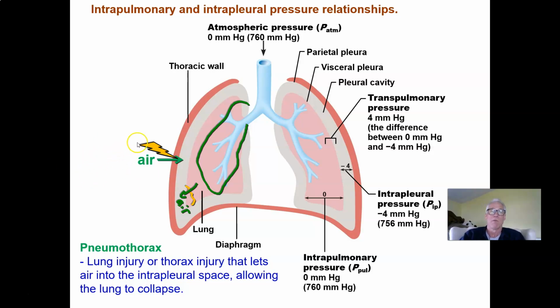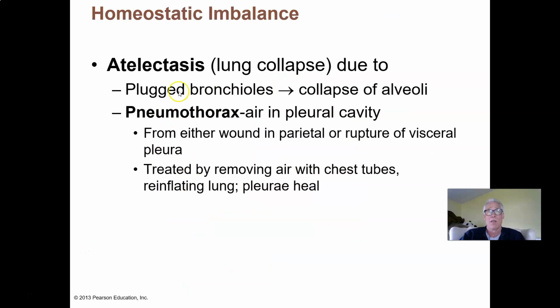Anyway, if there was a trauma in which we damaged the parietal pleura, air could enter and the lung would collapse. Or if there was a tear in the lung, an injury to the lungs, some people are prone to injuries to the lungs during very, very vigorous exercise. There could be an opening through which air could go from the intrapulmonary space out into the intrapleural space, and the lung would collapse. That is called atelectasis, lung collapse.